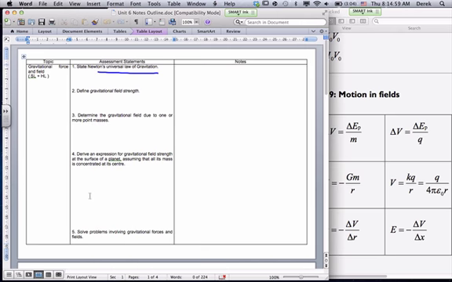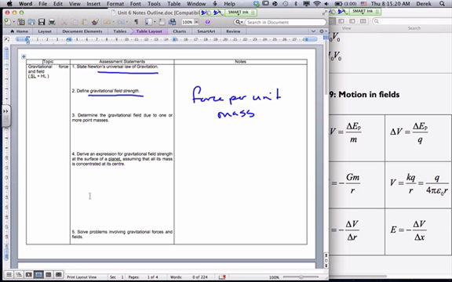So then we get this idea of gravitational field strength. The gravitational field strength is the force per unit mass that a mass will experience in the gravitational field of another mass.